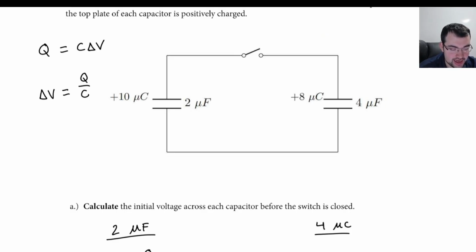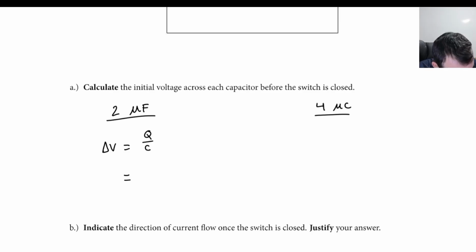So we can get regular volts if we have microcoulombs and microfarads because the 10 to the minus 6 will divide out. So Q over C, Q we said was 10 microcoulombs, and C was 2 microfarads. So that gives 5 volts.